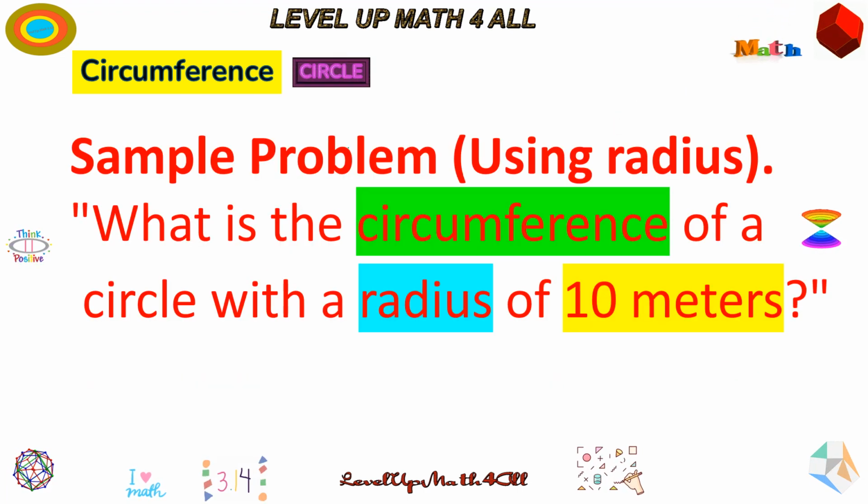Let's try to find the circumference of a circle using the given radius. In this scenario, the problem is: what is the circumference of a circle with a radius of 10 meters? The radius is 10 meters, and we have to find the circumference of the circle.